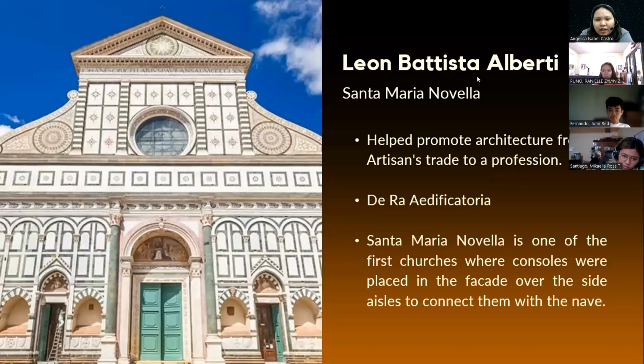another prominent architect in this era is Leon Battista Alberti. This is the Santa Maria Novella. So he helped this guy, Batista, he helped promote architecture from an artisan's trade to a profession.